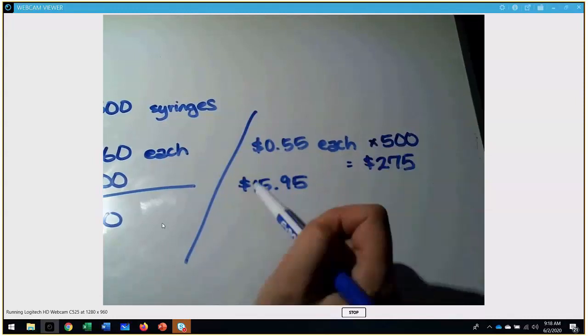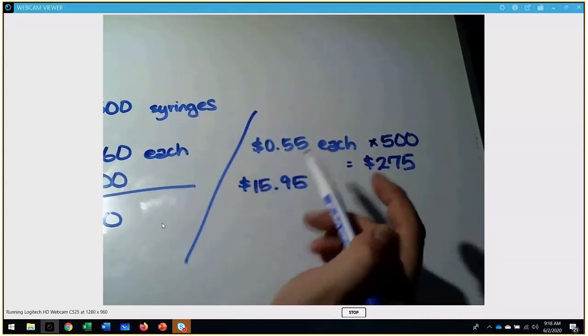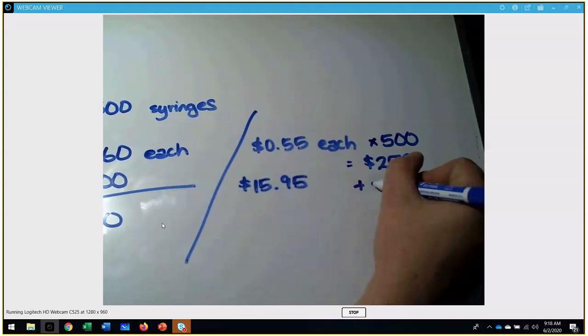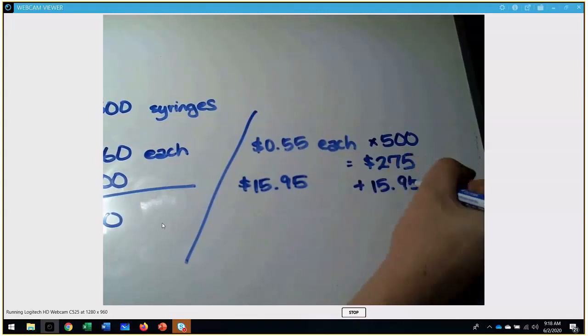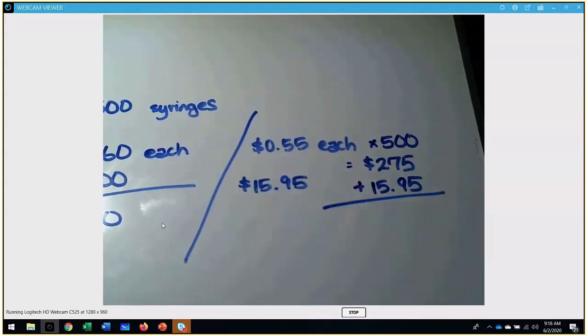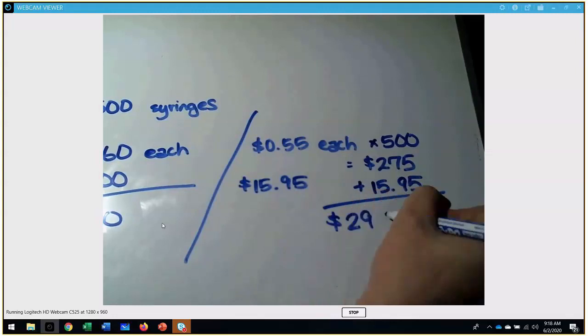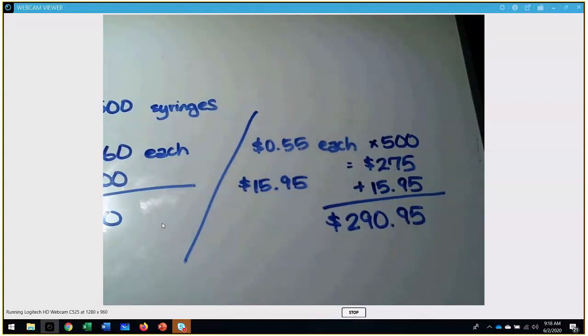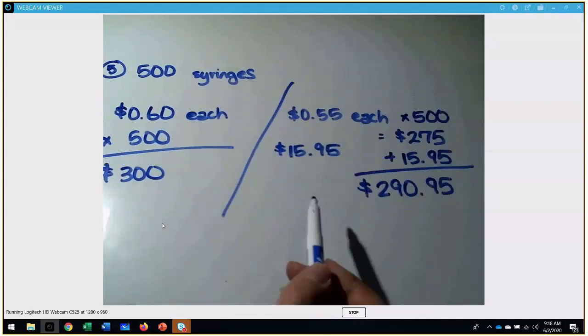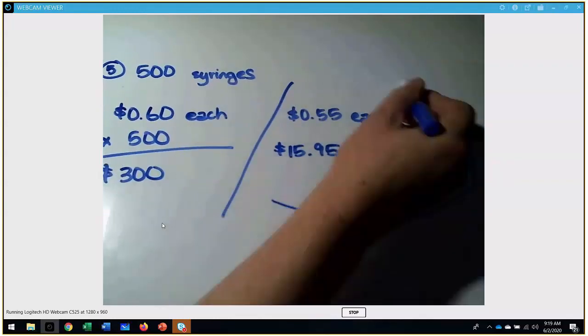But then the shipping and handling is a one-time charge, so we'll add that on. $290.95. Okay. All right, so they're close, but this one is the better option.